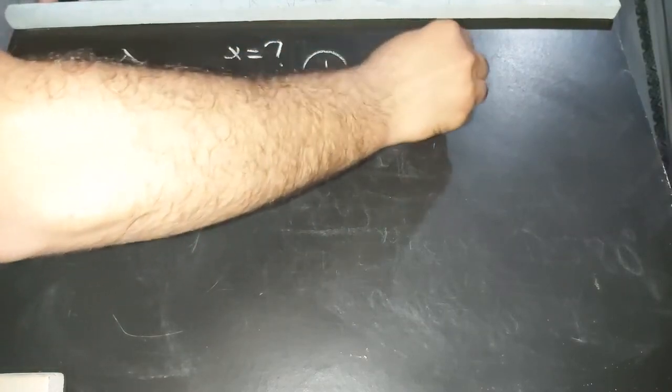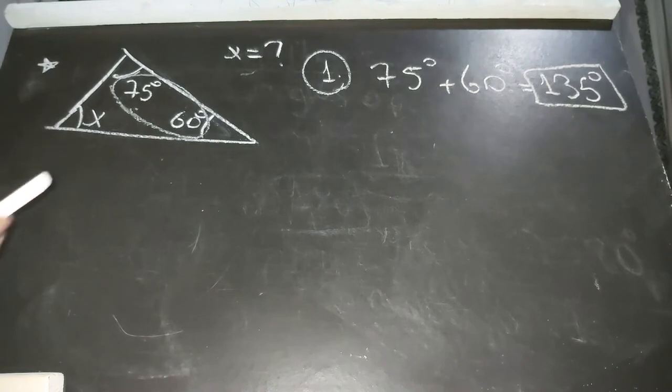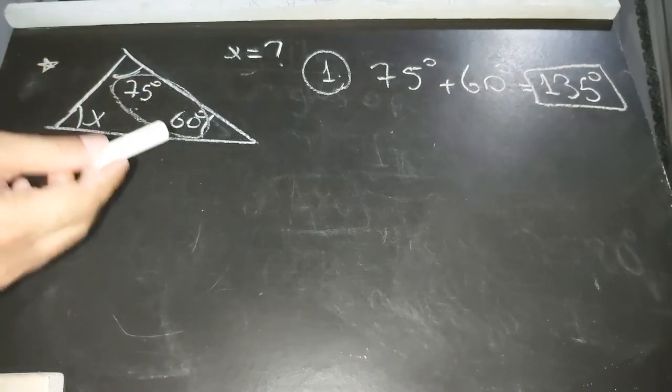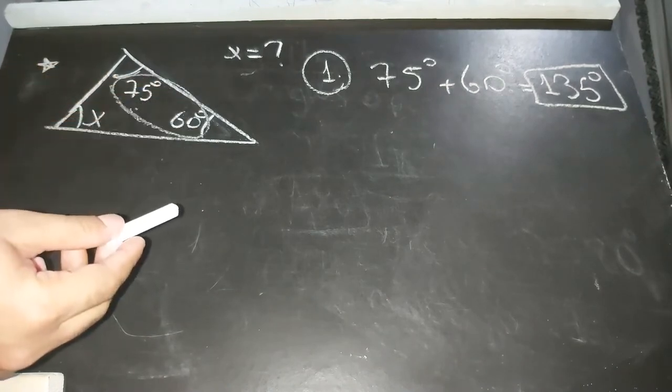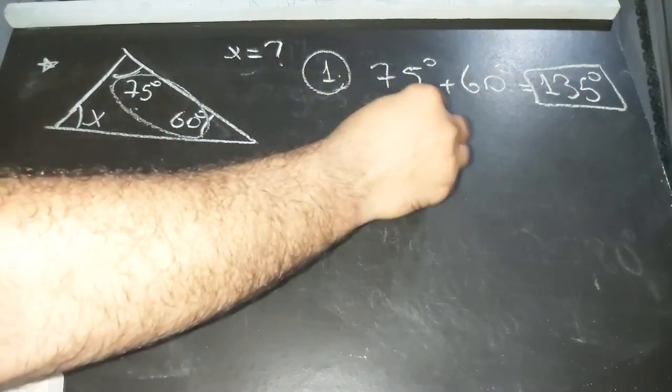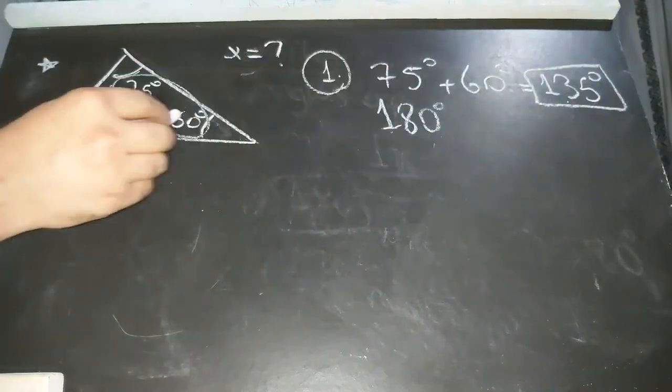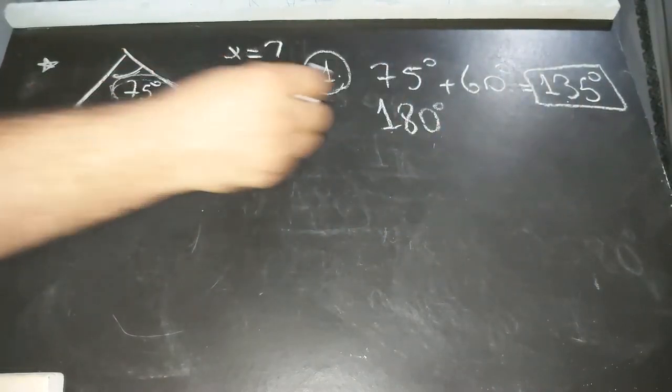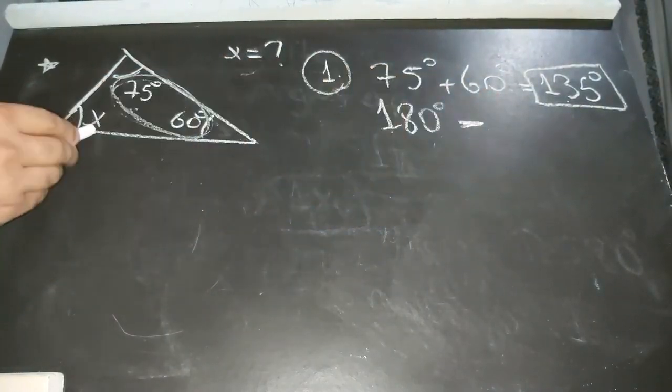75 plus 60 is going to be 135. So then, remember what I said? The sum of interior angles of a triangle is 180. Because of that, you take the sum of those two angles and subtract it from 180 to find the third one.